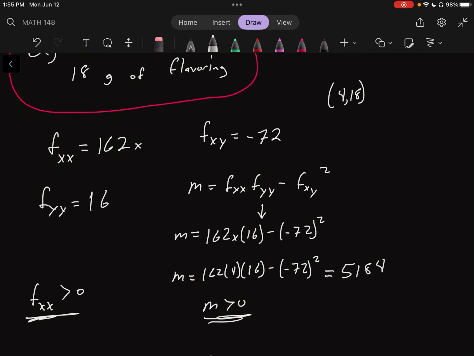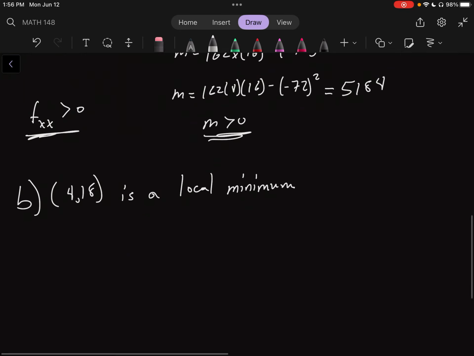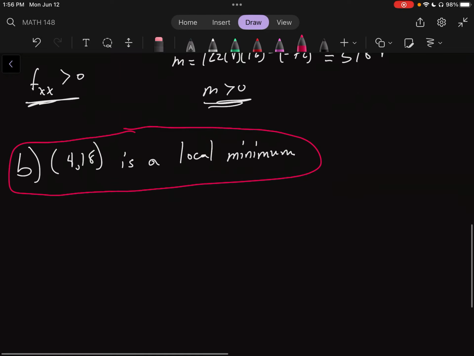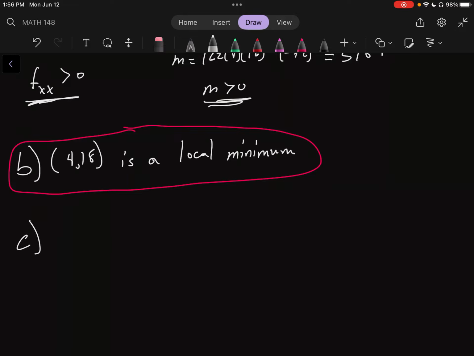So now part C is find the actual minimum cost corresponding to the answer found in part A. So now, let me just circle this so we know. So now part C. Now we just plug in.